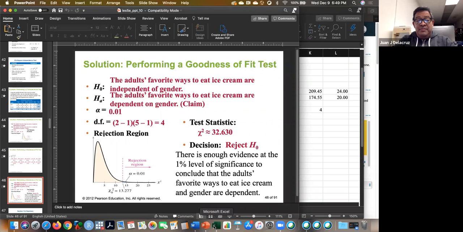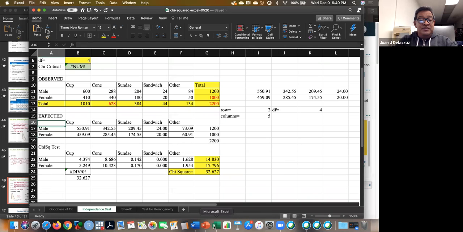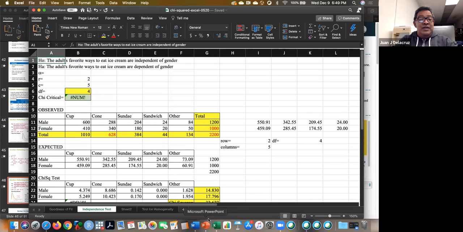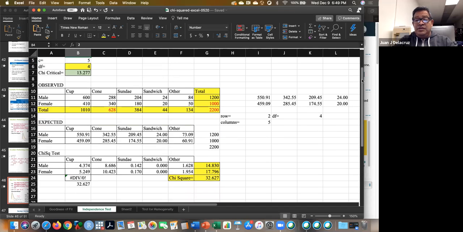So I'm going to do this at the 1% level of significance. I already have my rows and columns and the degrees of freedom. So my level of significance is going to be 1%. So I am going to map this, build the graph.